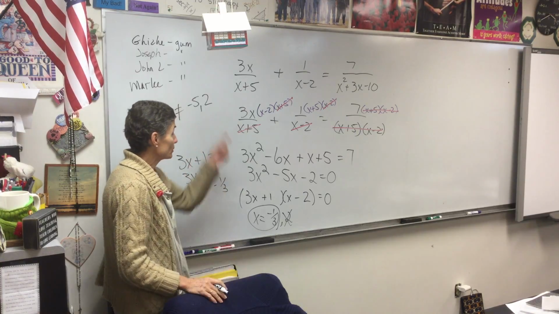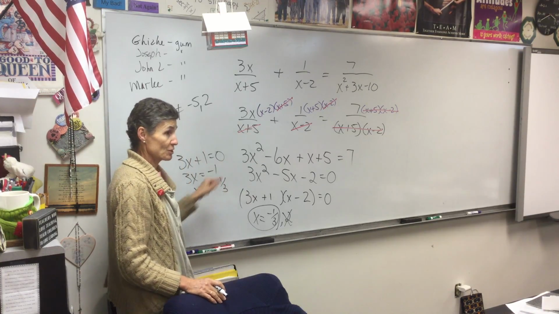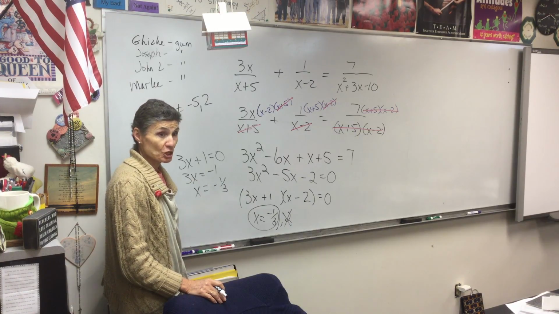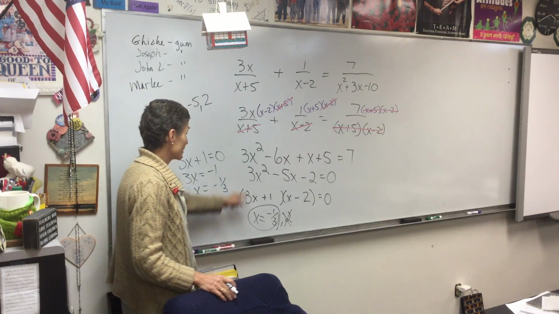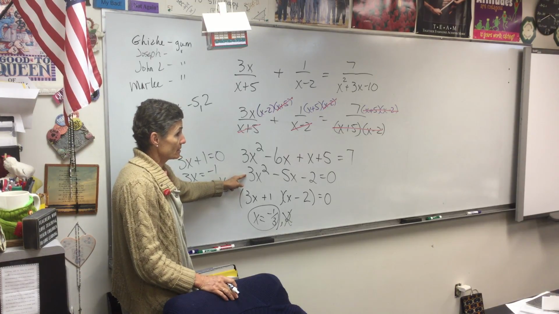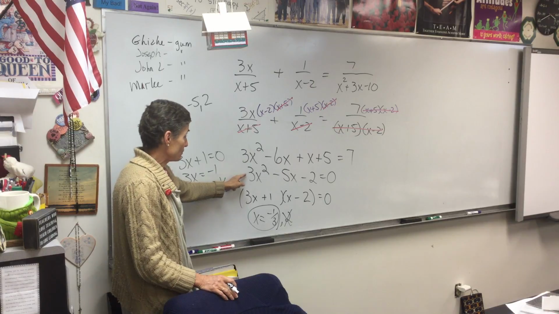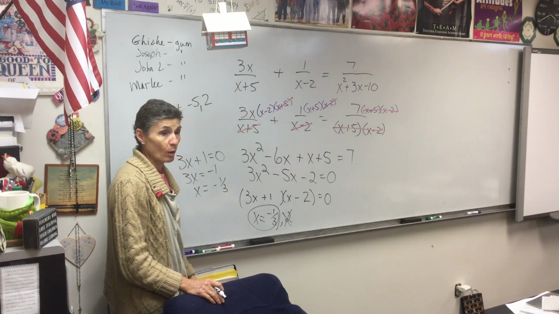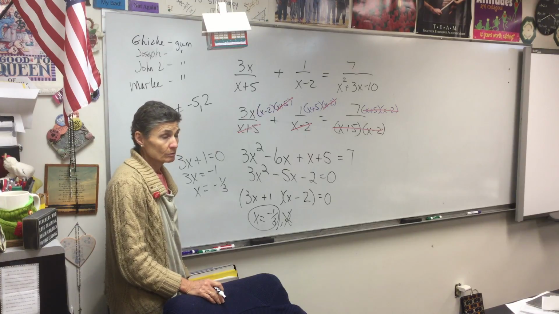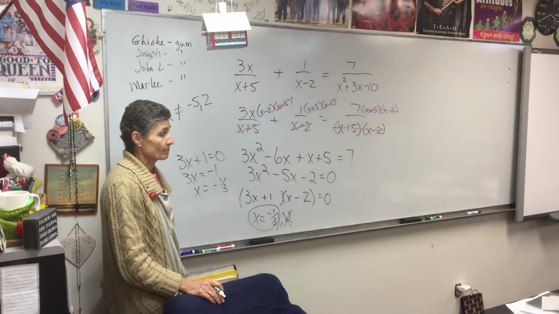One problem, just like that, do it just like that. If by chance you can't factor this, that happens sometimes. If you can't factor it, then you'll use your quadratic formula, like you always do when you can't factor something.